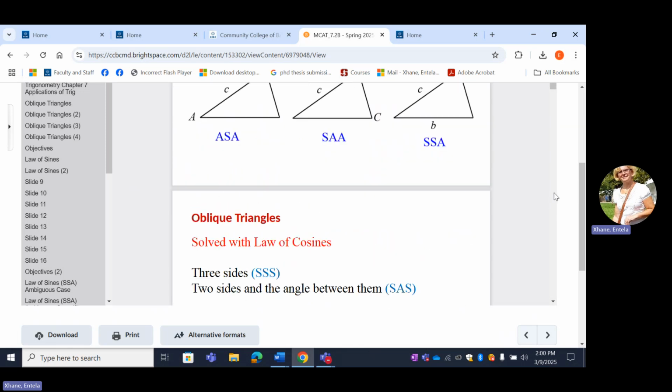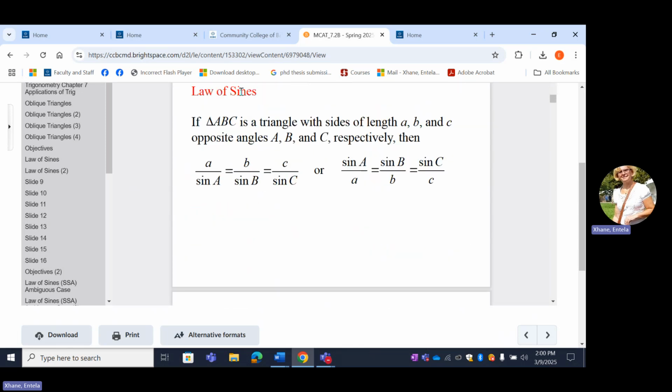Law of sine provides information about oblique triangles. Oblique triangles are classified as acute triangles, where all interior angles are acute, or obtuse triangles, where one angle is an obtuse angle, an angle between 90 degrees and 180. The other two interior angles are acute angles. And this is what we call the law of sine.